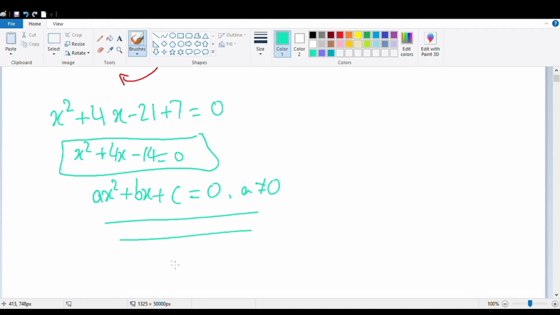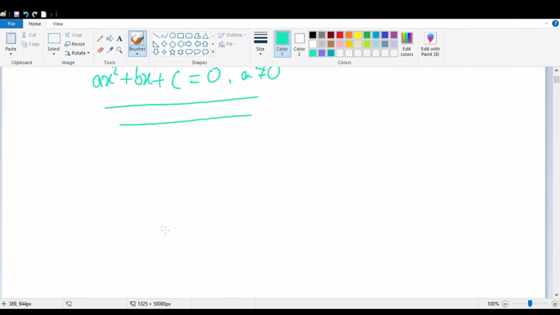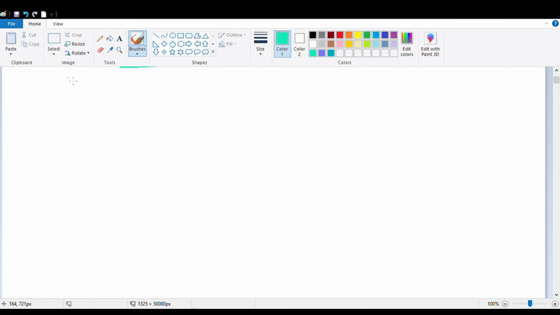But it also asked us whether or not they're pure quadratic equations. Do you remember the rule that we discussed for a quadratic equation to be a pure quadratic equation? We said that for a quadratic equation to be termed pure, b must be equal to 0.